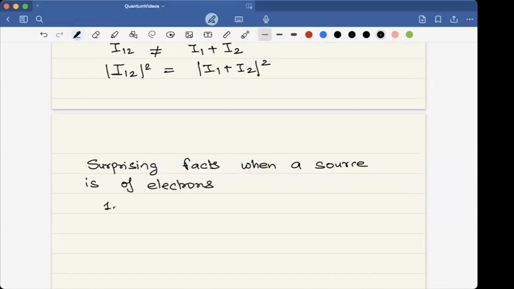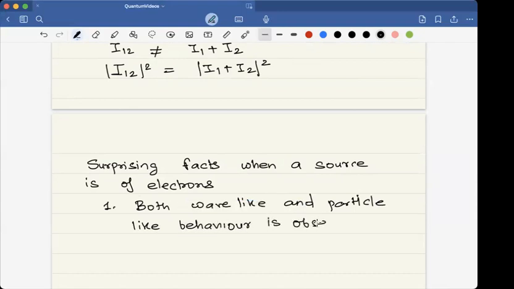One is that both wave-like and particle-like behavior is observed. In fact, it seems that if you are not observing, then the electron behaves like a wave. But if you observe, then the electron behaves like a particle.